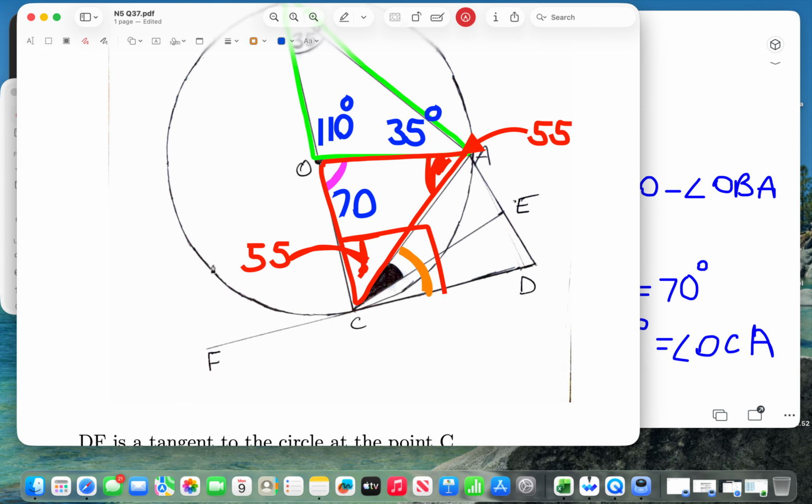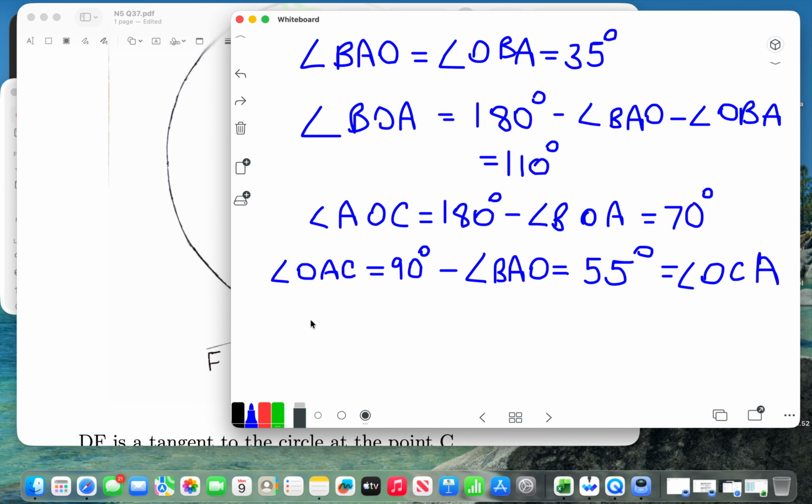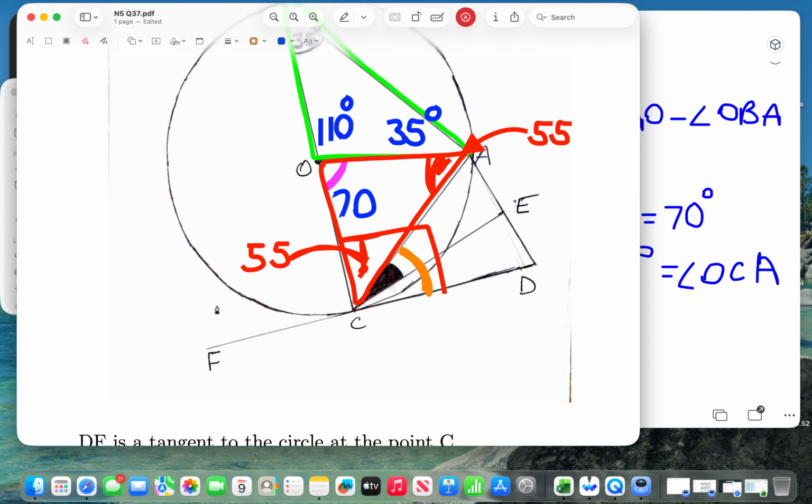And we get that the angle ACD is 35. 90 degrees take away OCA.